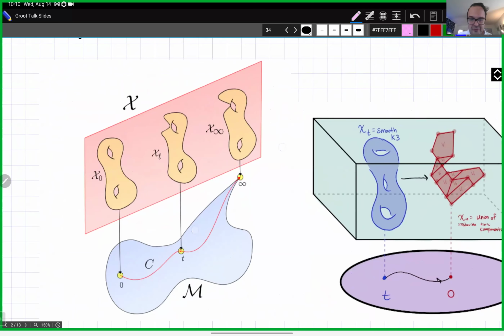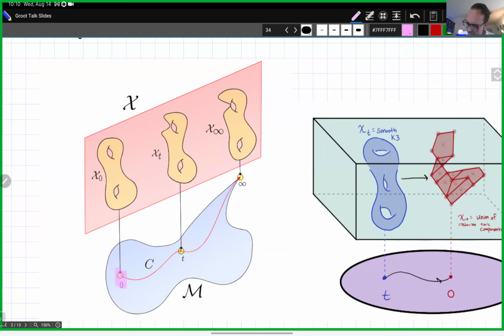So this is just my cartoon picture. If you haven't seen or looked at moduli spaces much, the idea is I have a parameter space, M, such that every point in M corresponds to some kind of surface. So I guess I'm looking at a moduli space of Riemann surfaces of genus 2 in this particular case.